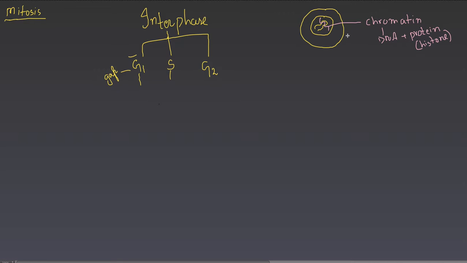So in the G1 phase, the cell is just growing and living its day-to-day life, and as it reaches the S phase, the DNA starts to replicate. So replication occurs. This strand right here replicates, and there's another strand right here, and here is the other DNA strand.